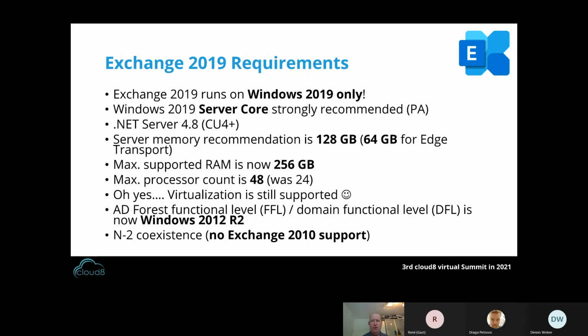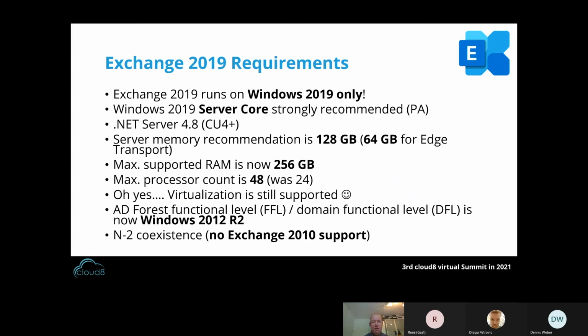So at least you require 3 servers that have 128 gigabyte at least. The processor count was also increased in 2019 up to 48; with 2016, 24 cores were supported.